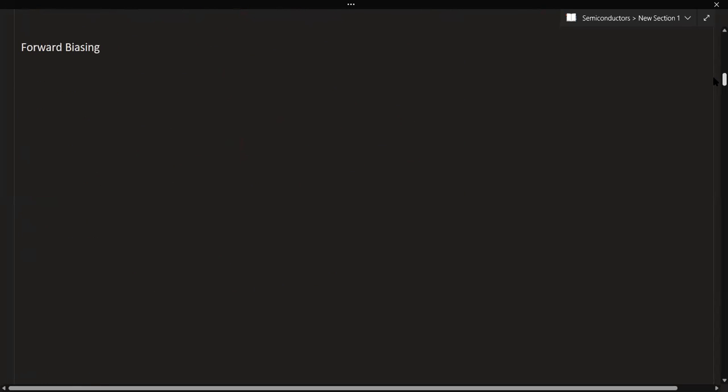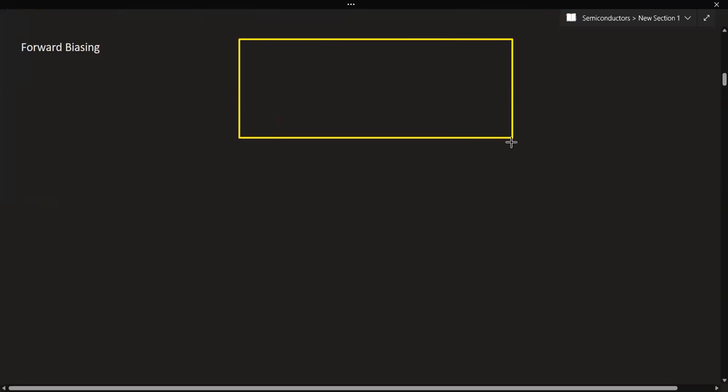So see, regarding forward biasing, let's say this is the P part, this is the N part. In between, negative ions will be in this part and positive ions will be in the N part. This will have its barrier potential, that is VB.